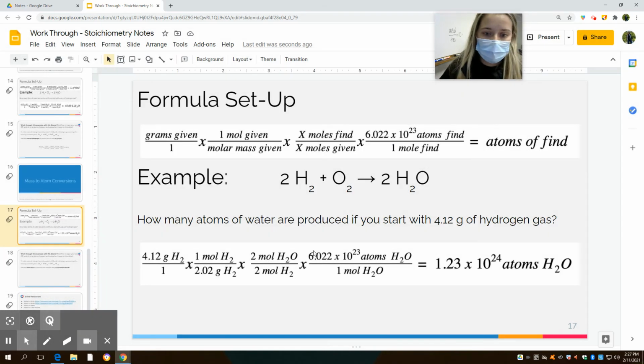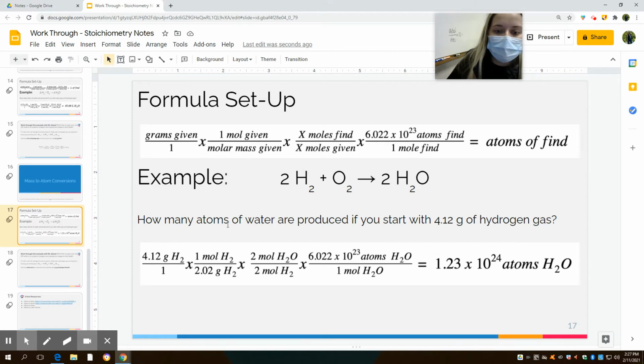So again, here's my example. How many atoms of water are produced if you start with 4.12 grams of hydrogen gas? So again, guys, I'm really highlighting in these 3 conversion factors that everything stays the same. The only part that's changing is this last part, okay?